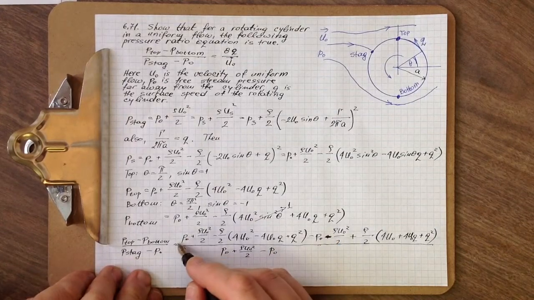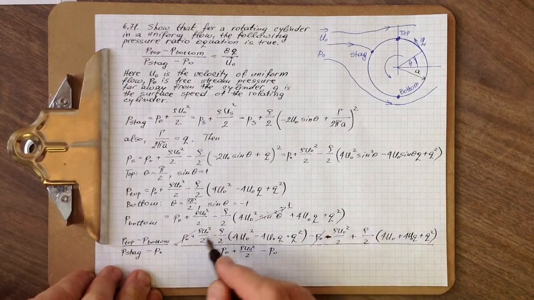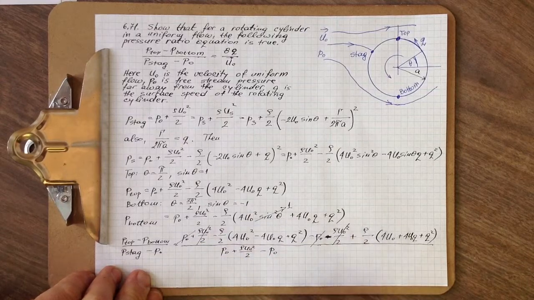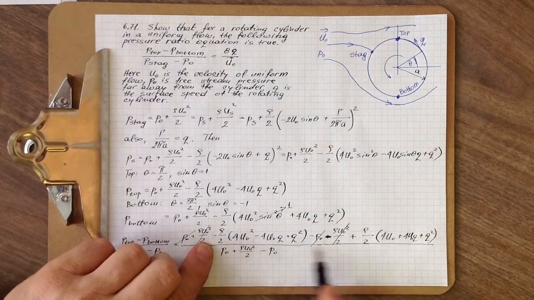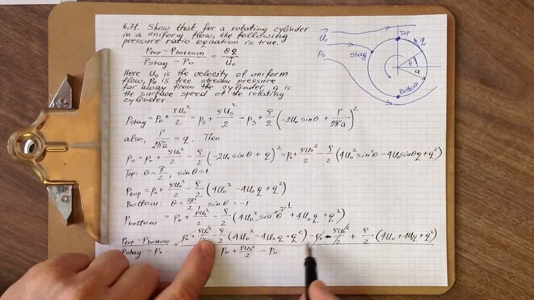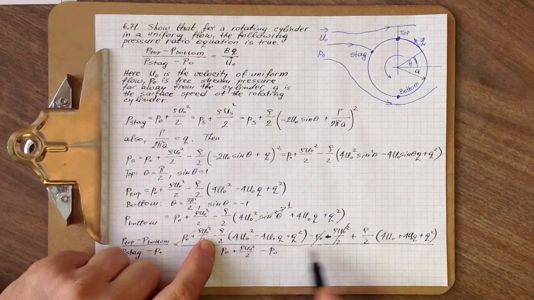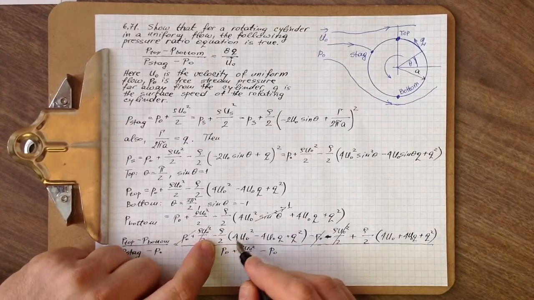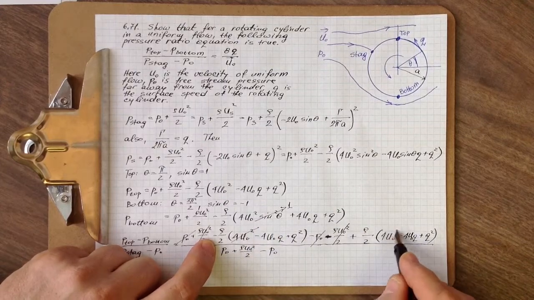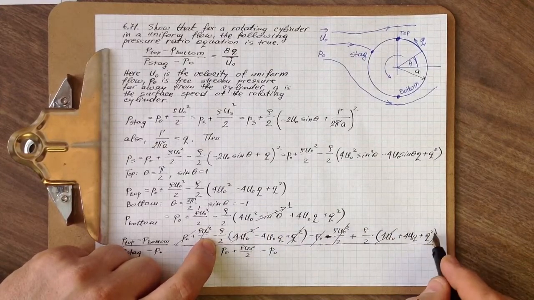So here P naught cancels out, rho U naught squared cancels out, and given that this is plus this expression minus this plus this, all the terms with the same sign inside the brackets cancel out.